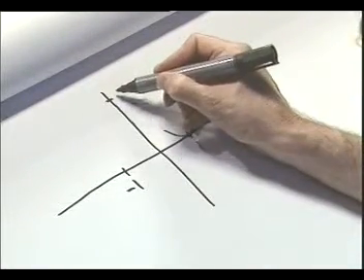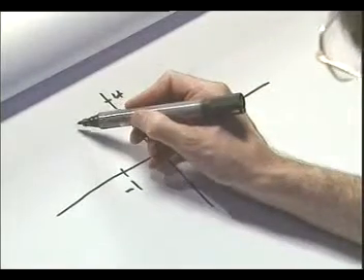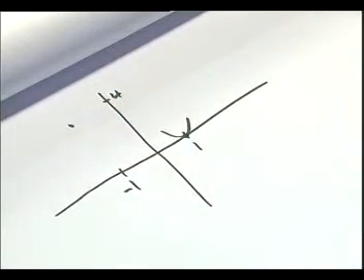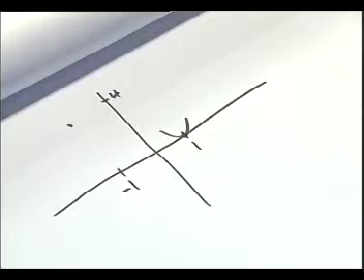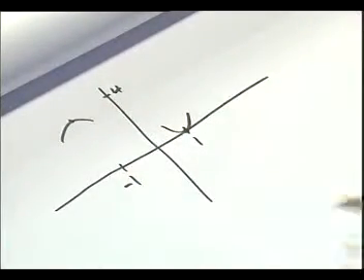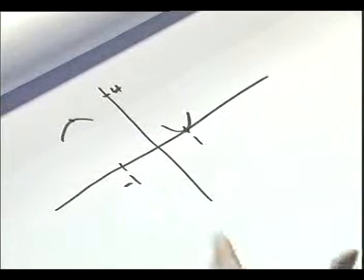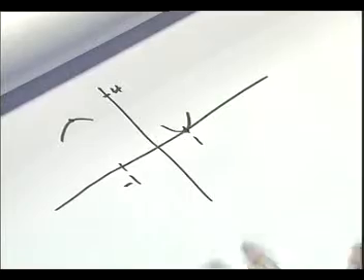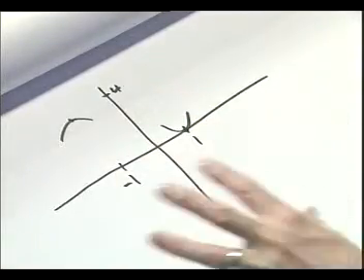The other point was minus 1, 4, there. And we know that at that point the curve was like that. It was a maximum. The other thing we know is that there are no turning points anywhere else. These are the only ones.